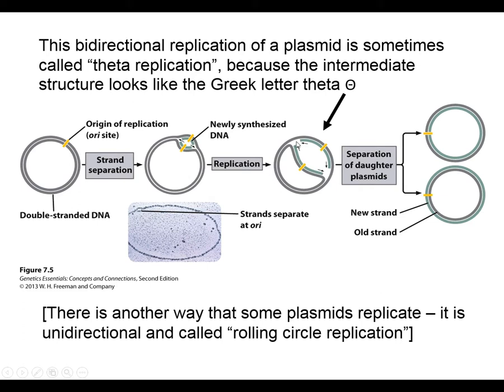As the replication forks move away from each other, you start to see under the microscope something that looks a little bit like the Greek letter theta. So this is called theta replication, and by the end of the process, the replication forks eventually collide at the bottom of the molecule, and you end up with two separate chromosomes or two separate plasmids, two separate molecules.